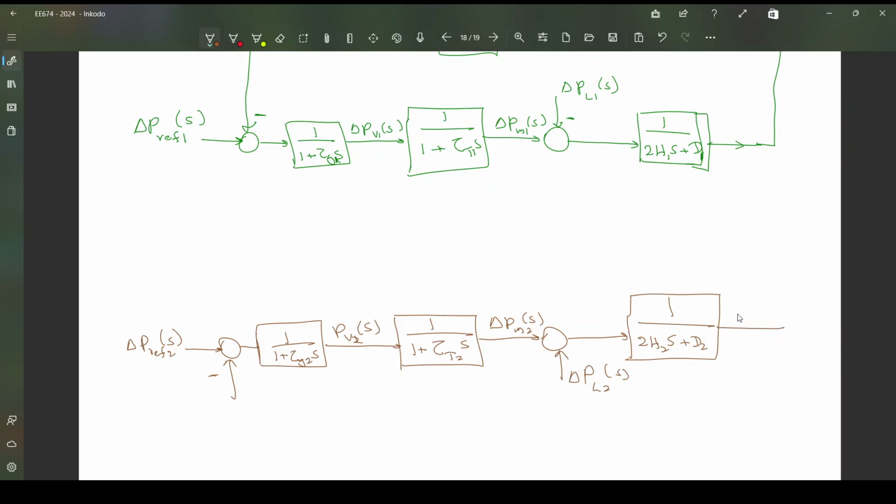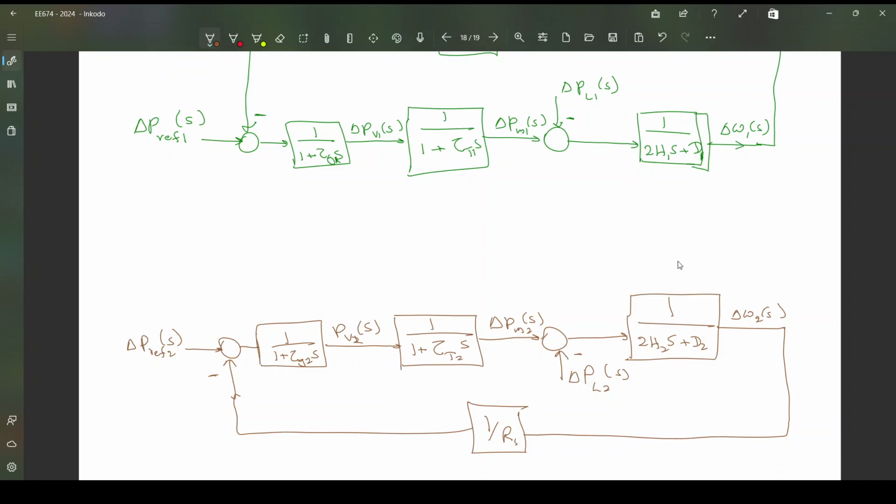Actually here you get delta omega 2 s, and here you get delta omega 1 s, and here you have the 1 over R term, this will be minus 1 over R2. So this is the two automatic generation units for two different areas.